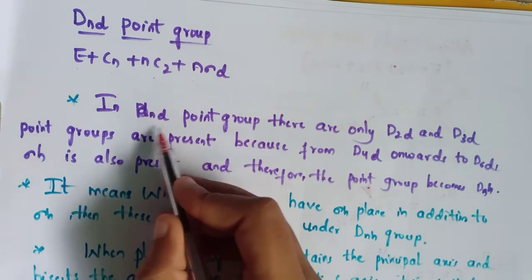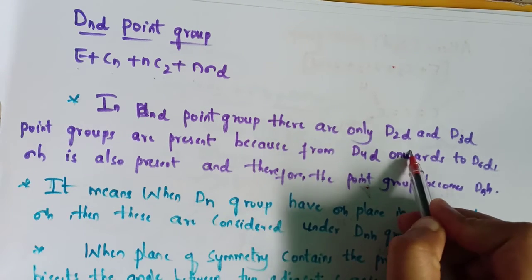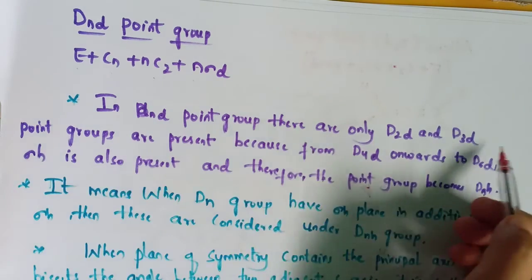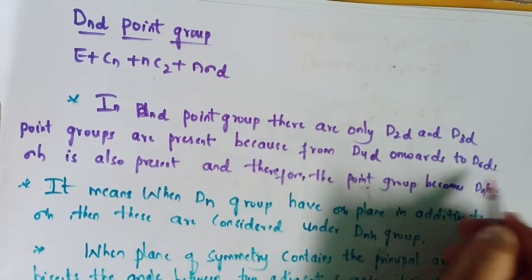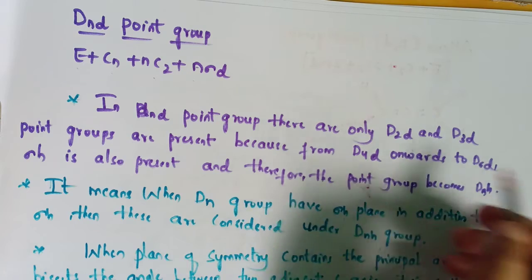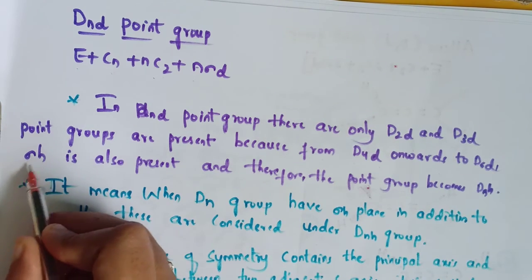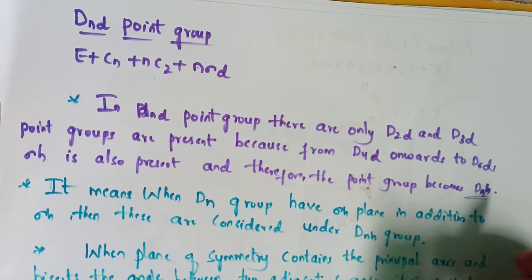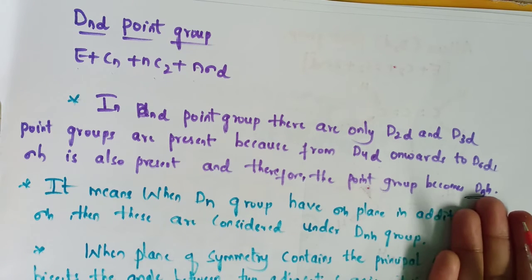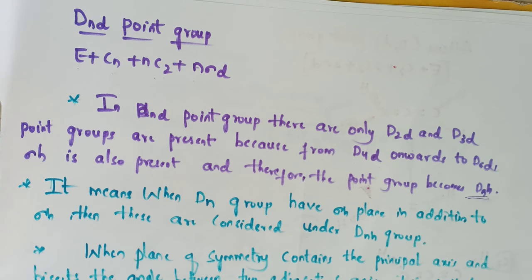See here, in the DND point groups only D2D and D3D are present, because from D4D onwards to D6D sigma H is also present, and therefore the point group becomes DNH. So they are not called DND, they are called DNH point groups.